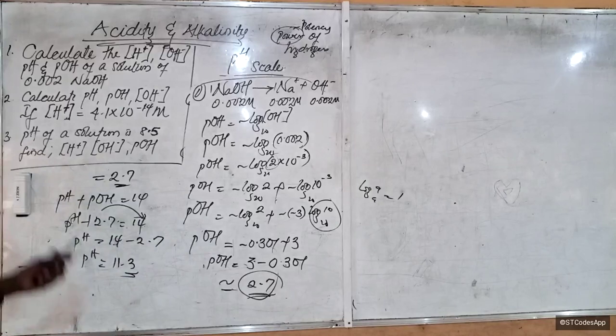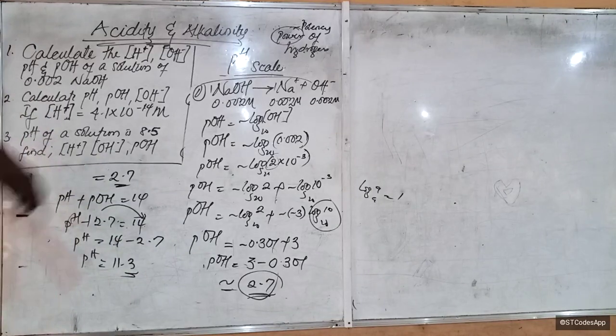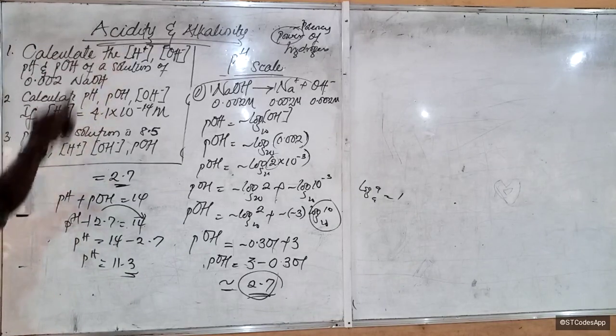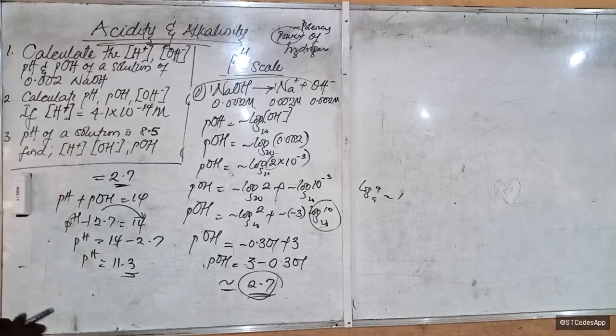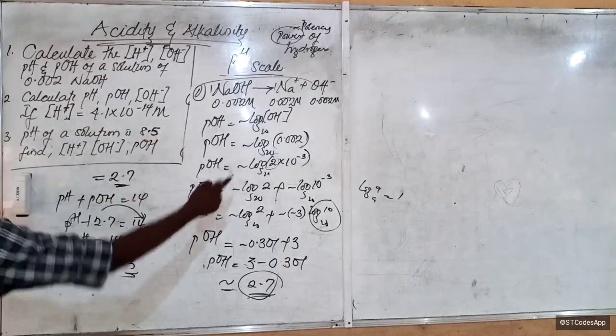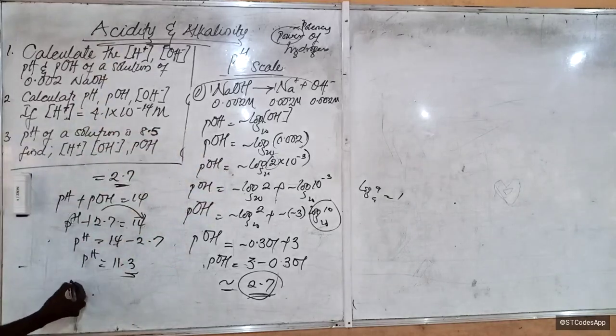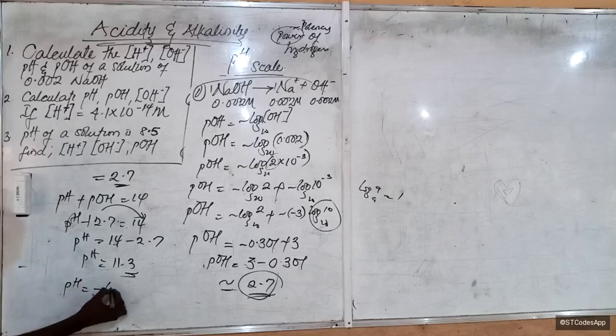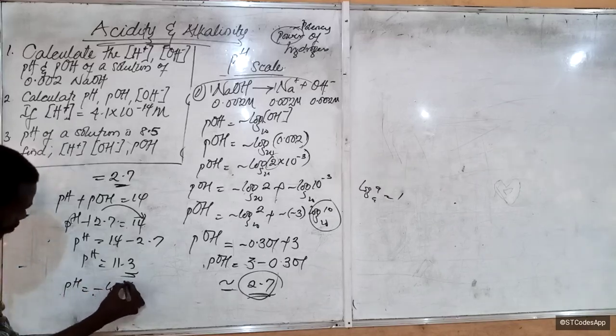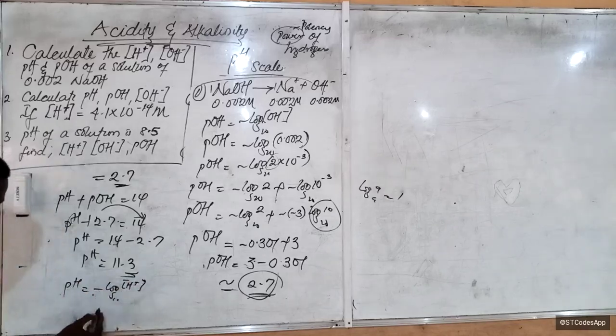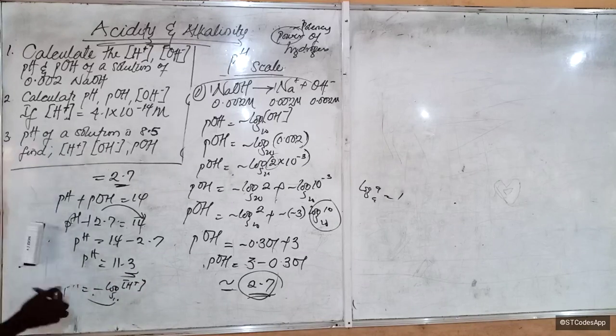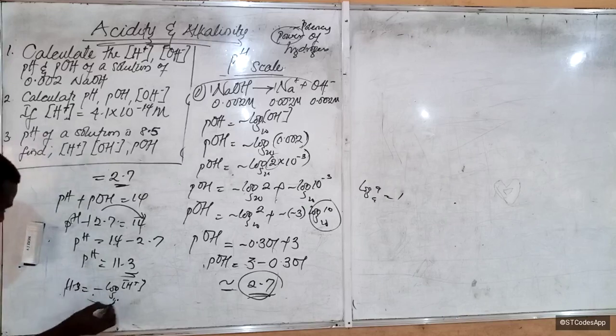Is that okay? Now, you can apply the same step for the hydrogen ion concentration. Since pH is already minus log of H plus concentration to the base of 10, you've gotten the value of your pH to be 11.3. So you basically bring this guy up.